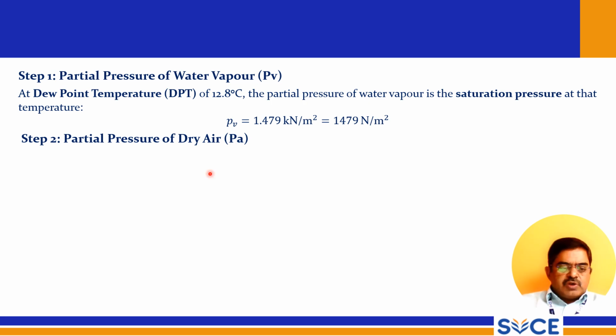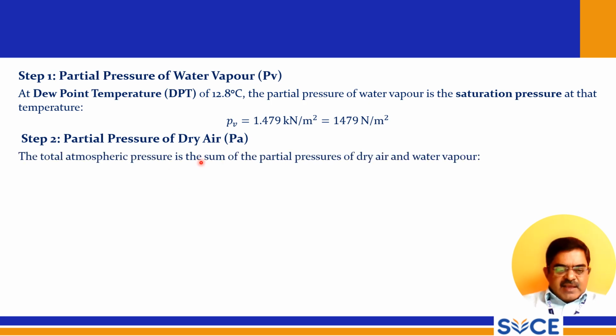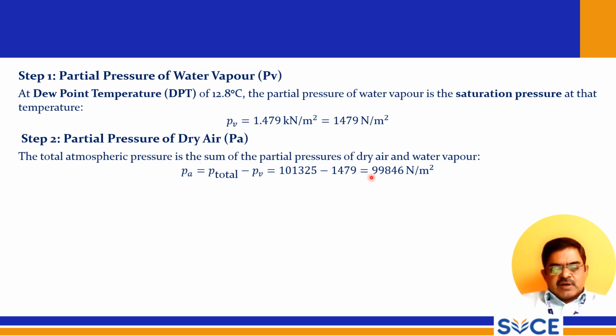Step 2, partial pressure of dry air, that is Pa. The total atmospheric pressure is the sum of partial pressures of dry air and water vapor. So Pa equals P total minus Pv. We know both here, and we can find Pa, that is 99,846 Newton per meter square.